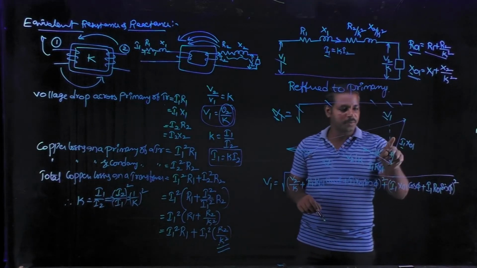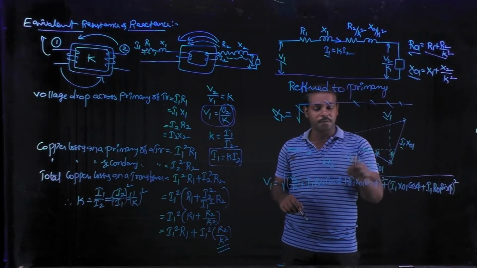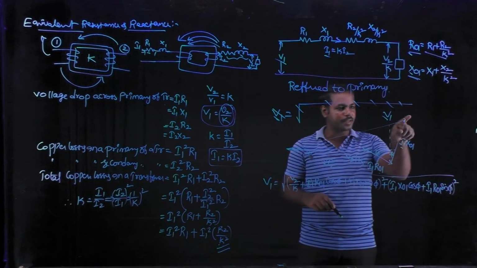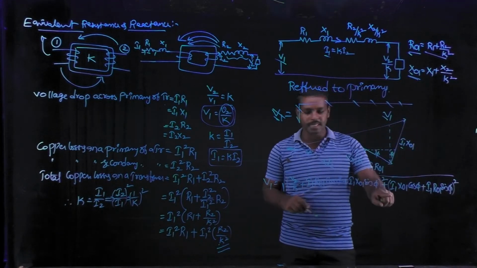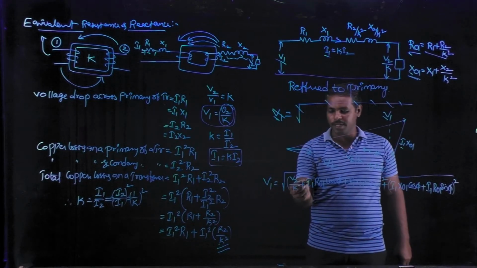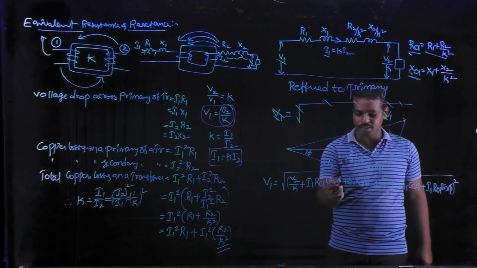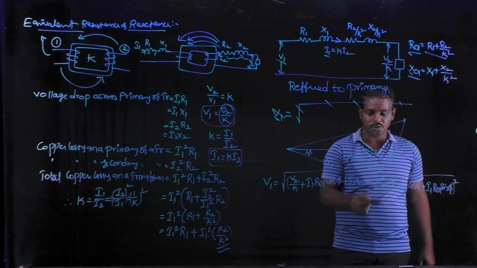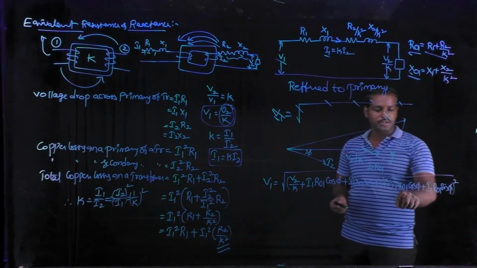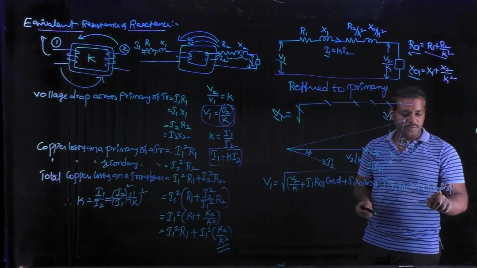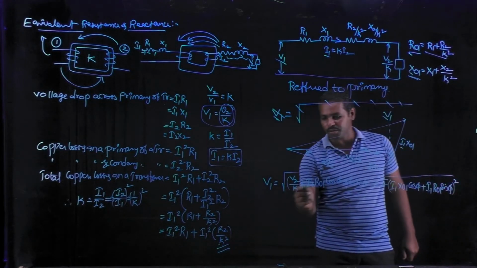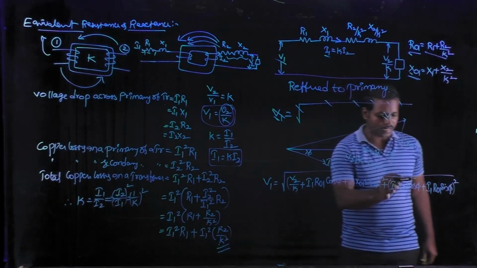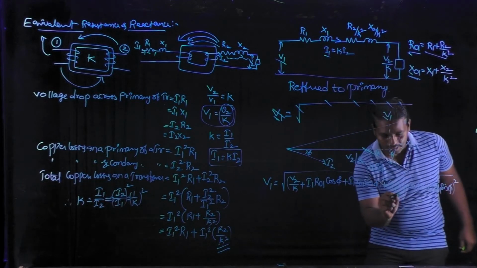Based on simplification of these two triangles, our objective is to find V1. So V1 is to be calculated using this expression: V2 divided by K plus I1 R01 cos phi plus I1 X01 sin phi whole square, plus I1 X01 cos phi plus I1 R01 sin phi. The magnitude of this second term is very, very small compared to the first term, so this term is to be neglected.